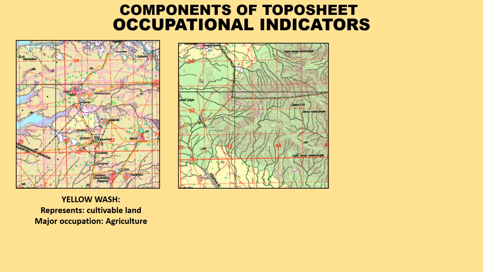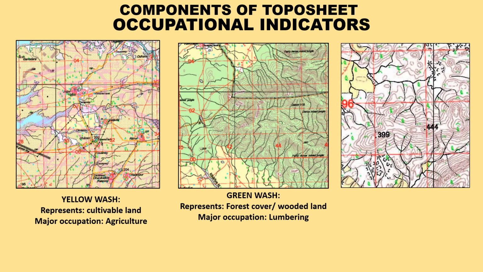Secondly, if there is dominant green wash, it represents forest cover or wooded land, and the major occupation would be lumbering. Third, if there is dominantly white wash, it represents barren and fallow land, and hence there is no major occupation practiced in this particular region.